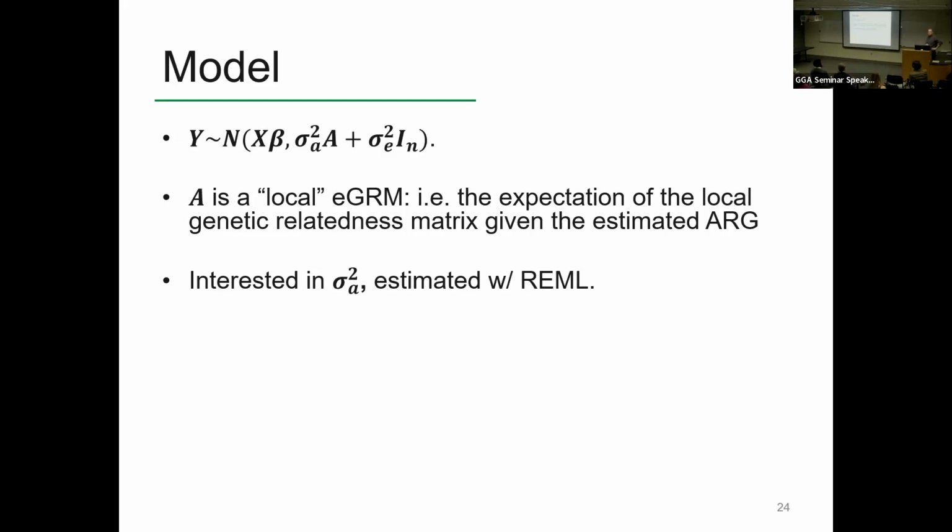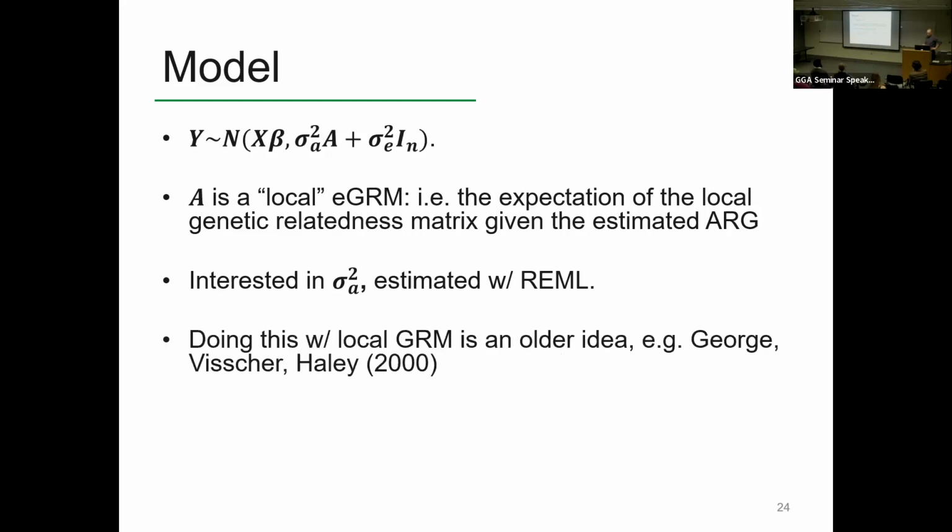We can get that with restricted maximum likelihood, and we just test whether it's equal to 0. A lot of the ideas in this talk are old. Doing this with the local GRM, that is the local genetic relatedness matrix from variants, has been done for 25 years. The only difference is that we're doing it on the EGRM calculated from the trees instead.